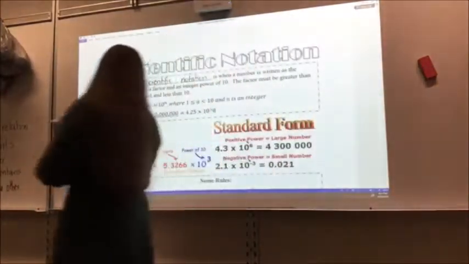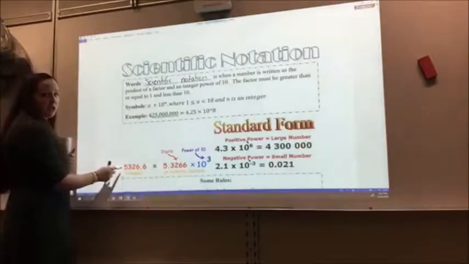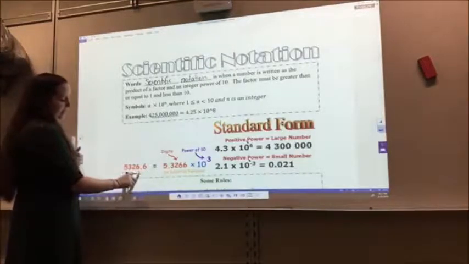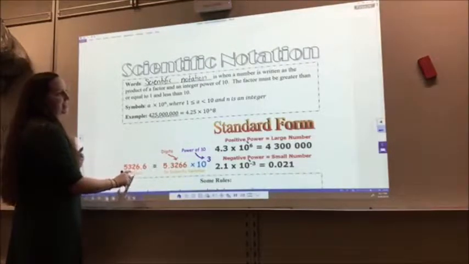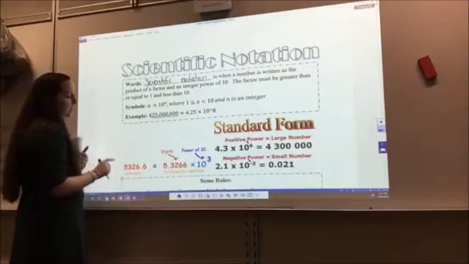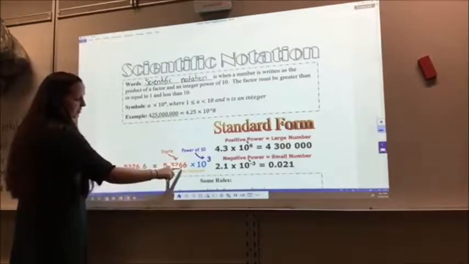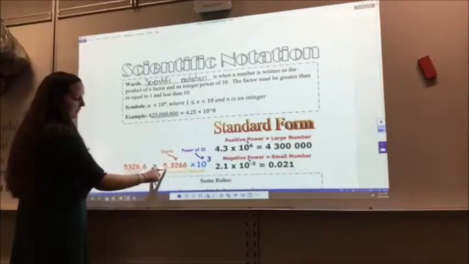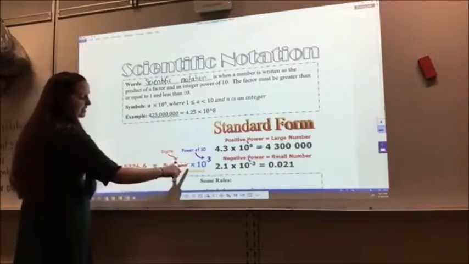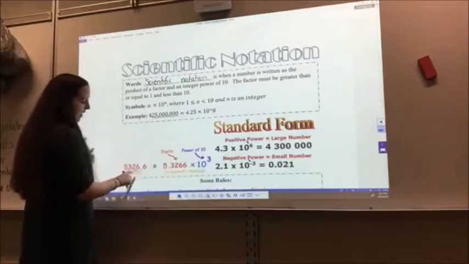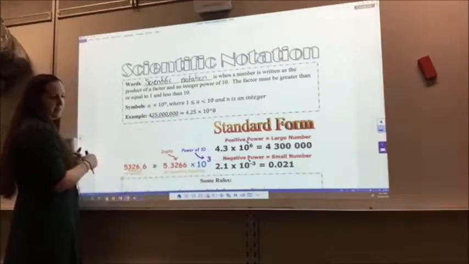Right now, this is not scientific notation because this number, 5,326, is larger than 10. So I need to rewrite it. Again, I can move my decimal 1, 2, 3 spots, so I get 5.3266 times 10 to the 3rd power, because I moved my decimal 3 spots to the left.